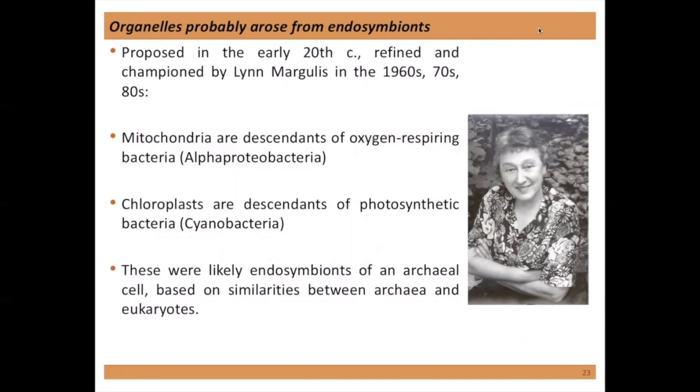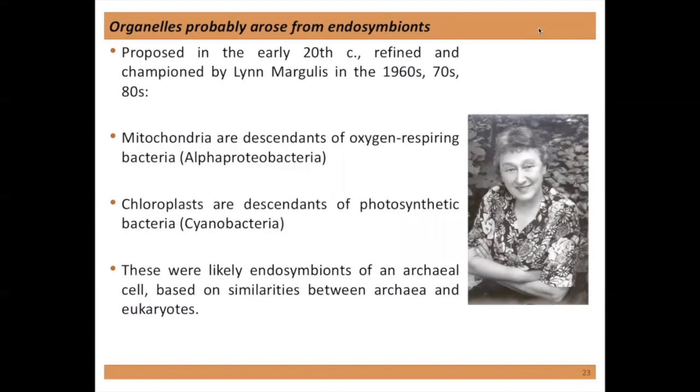and later refined by Lynn Margulis in the 1960s and 70s and even into the 80s, that eukaryotic cells are actually descendants of symbiotic bacteria, meaning a bacteria that would live within another bacteria.